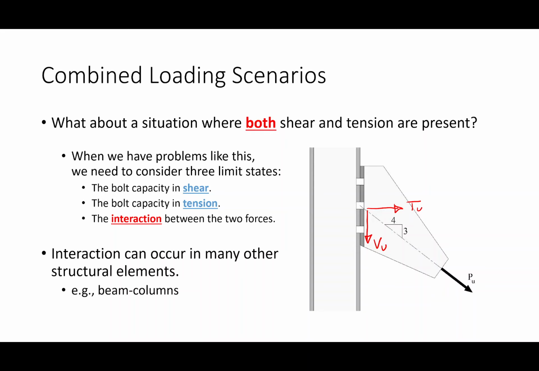So if you know how to compute each one, then the capacity in interaction is really not that challenging. It's sort of plug and chug. It's the capacity of each of them that's probably a little more computationally demanding. Now, analysis, that's another story, but we'll get to that later. Okay, everybody with me so far?